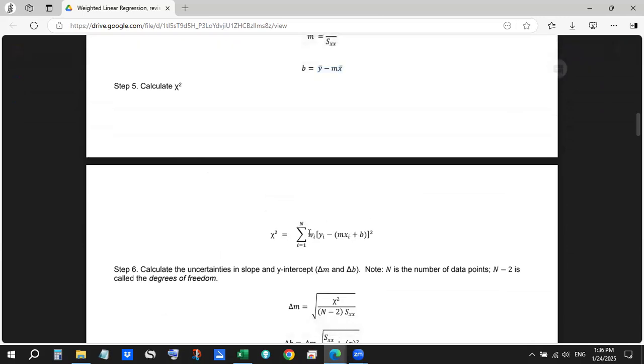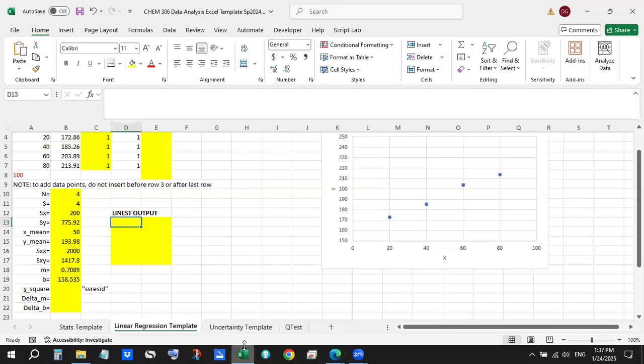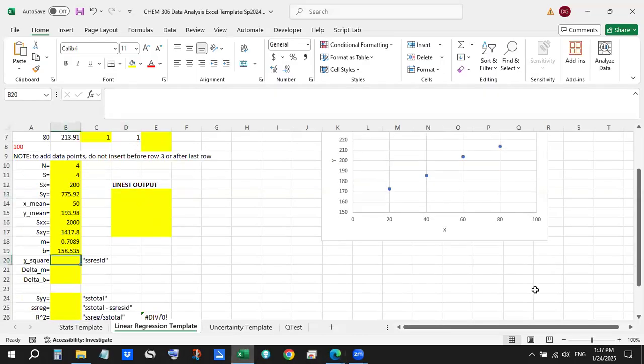Chi-square, that's the sum of residual squared. So this is your residual, experimental y minus mx plus b. Experimental y minus the best fit y, you square it, and then you weight it, and then add up everything. So let's calculate chi-square, the sum of squares of the residual.